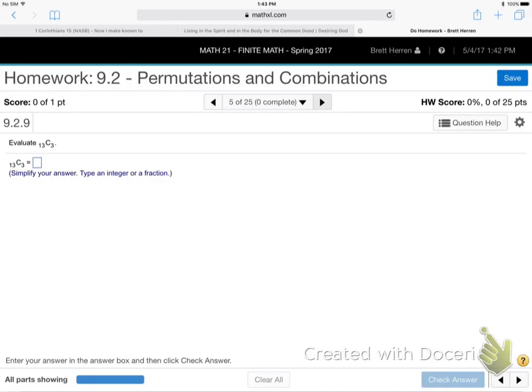And we'll be off to doing something real with them. This will be our last little one. How about 13C3? 286.